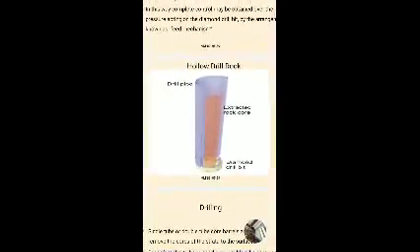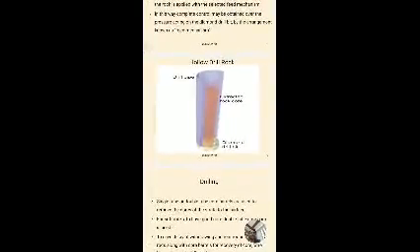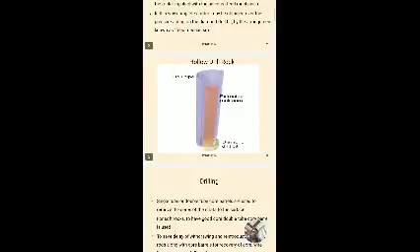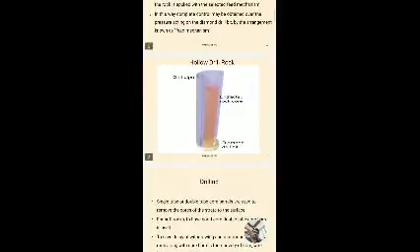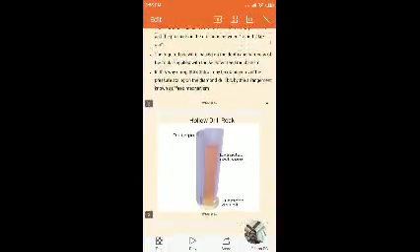Like this, they used to extract the drill cores from the entire area.